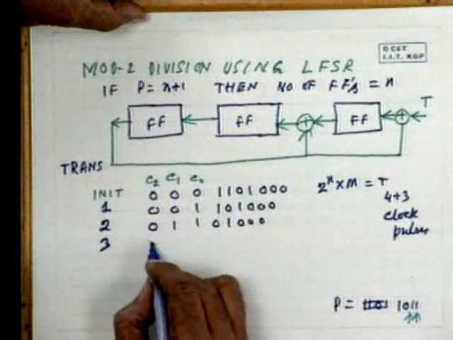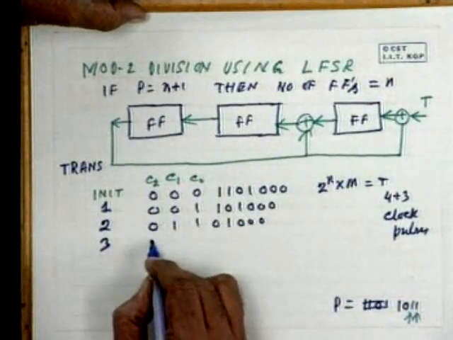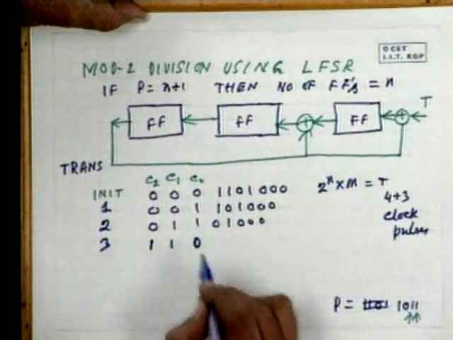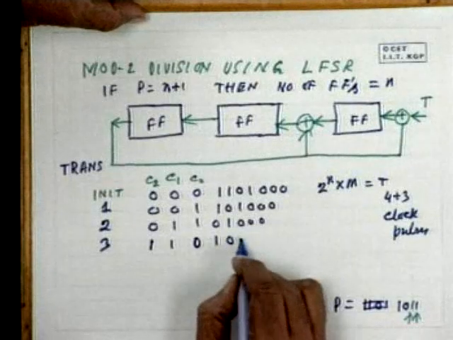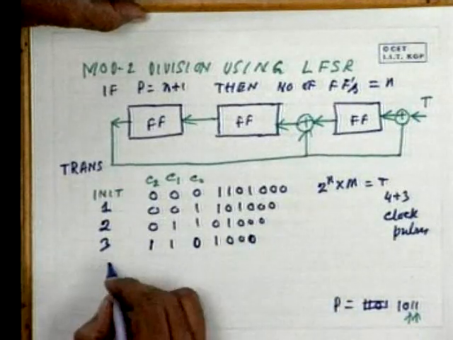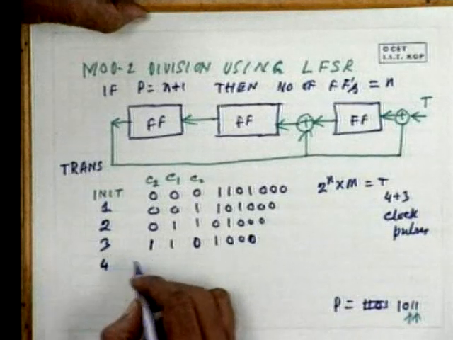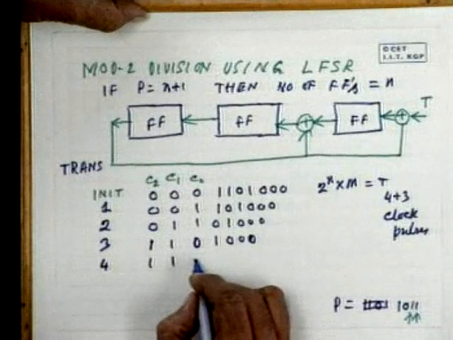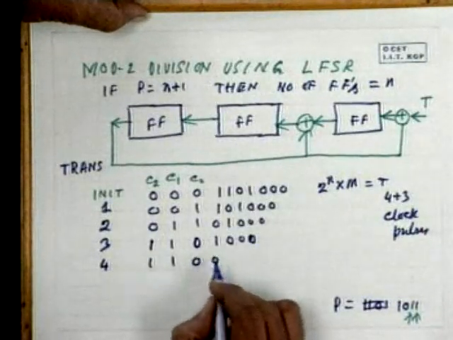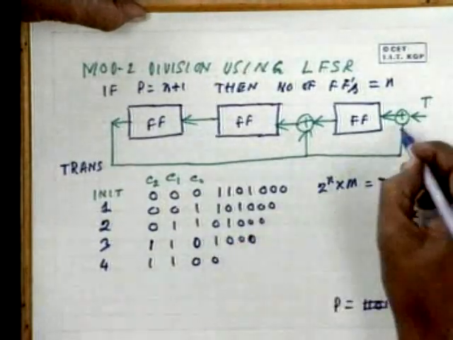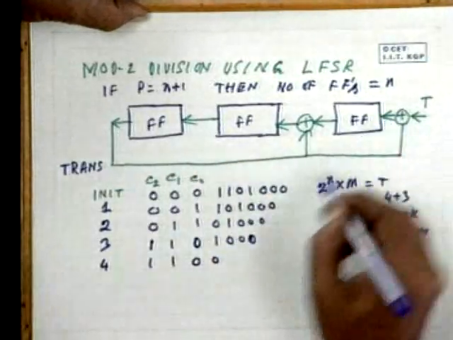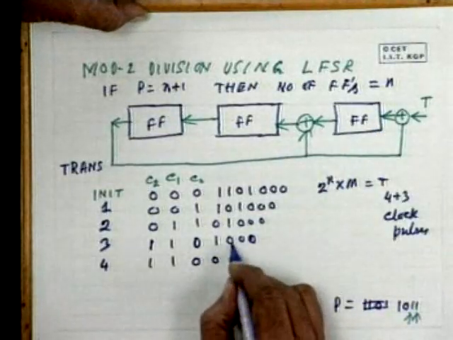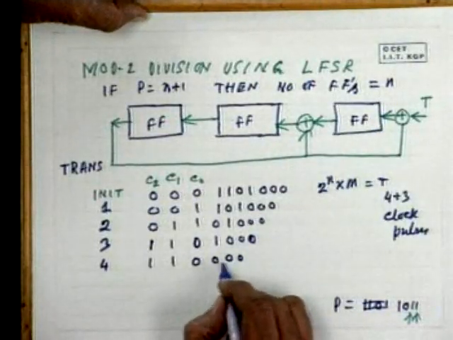After third clock pulse, it will be 1 1, and it will be 0 1 0 0 0. After fourth clock pulse, it will become 1 1 0 0, because this is 1 and this is also 1. So this time the input will be 1 to this flip-flop. So 1 0, this 0, these 3 zeros will shift 0 0 0.